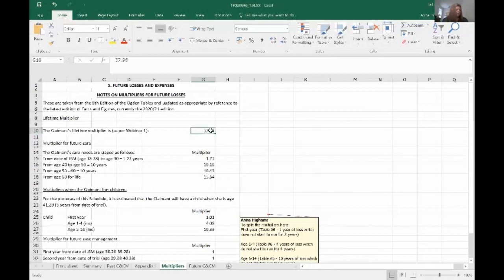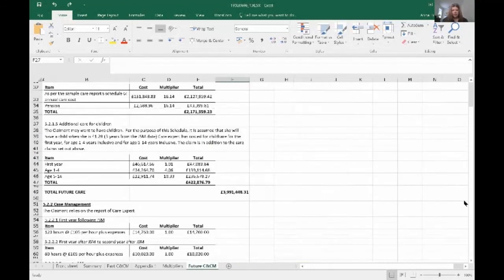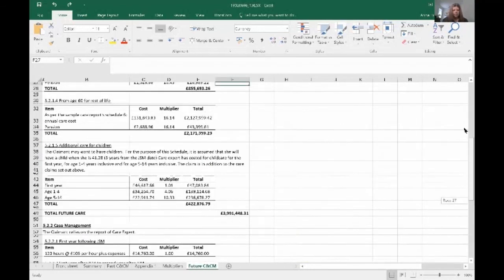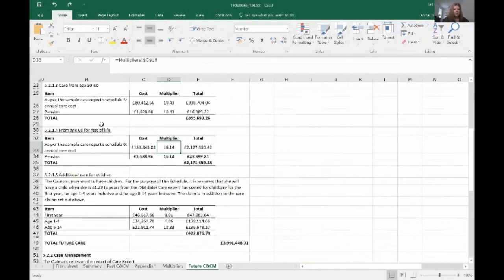I will change it back for a second while I show you the future care and case management tab. You will see in the section for age 60 for the rest of life, your multiplier box is linked to your multipliers page, and it was 6.14 in our schedule.